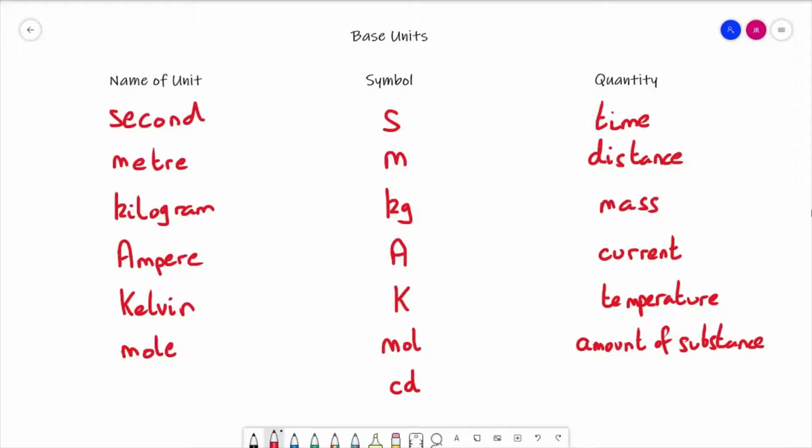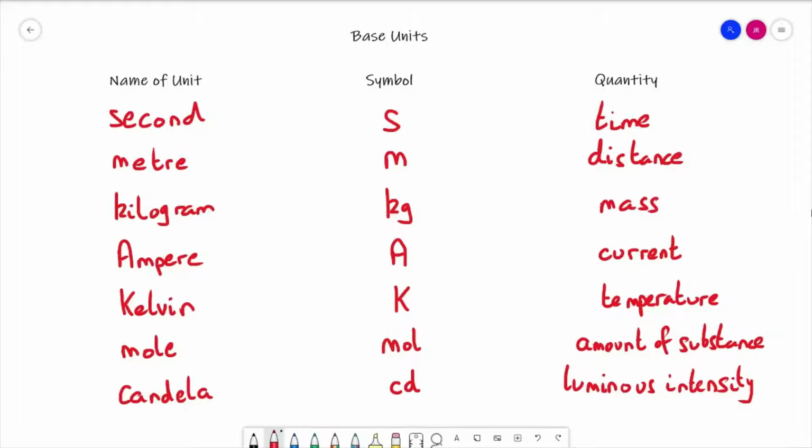Now, to be honest, the last one I would be highly surprised if you did manage to get this. It's known as the candela, and the quantity it measures is luminous intensity. In other words, it's how much light something is emitting.